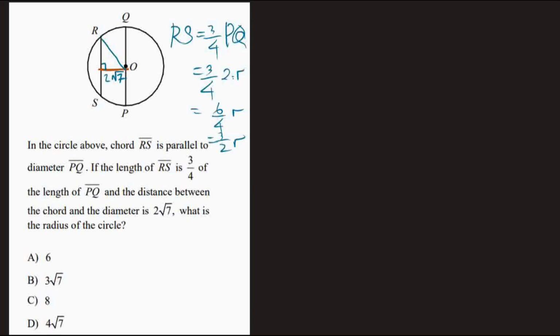To do this, we have to see what's given: the length of RS is 3/4 the length of PQ. Now PQ is the diameter. It consists of two radius. Now we can make a equation using Pythagoras. A square equals B square plus C square for this triangle.